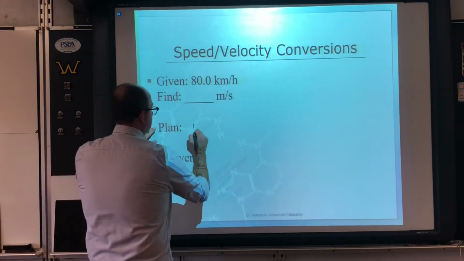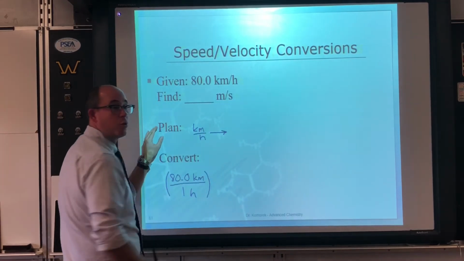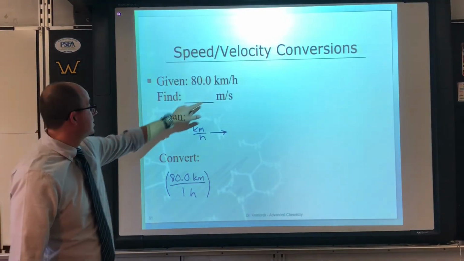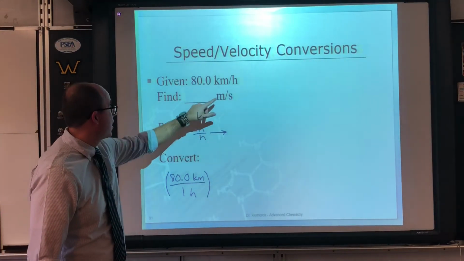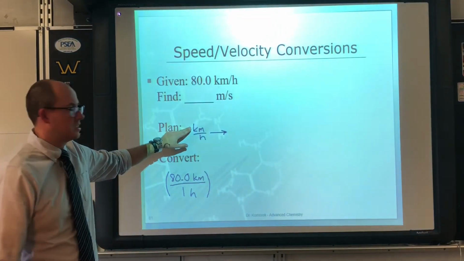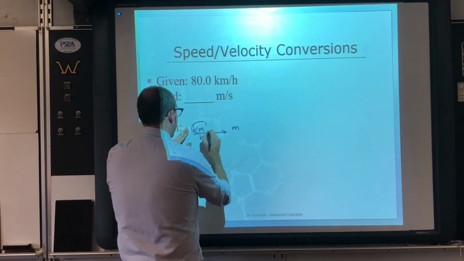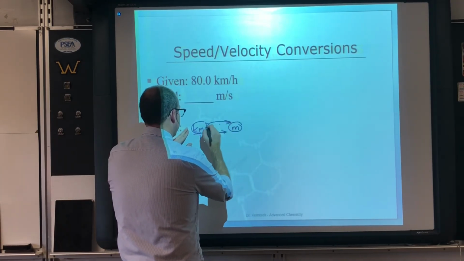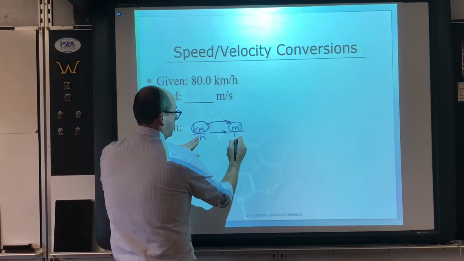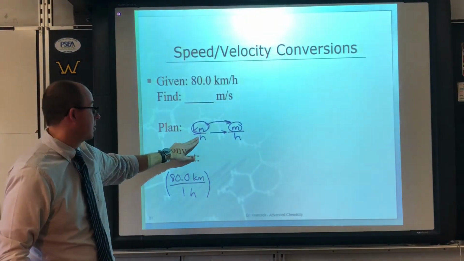Our plan is kilometers per hour, and you can only convert one thing at a time. So you have to decide, do you convert kilometers to meters first, or do you convert hours to seconds first? I use kilometers to meters only because it's a one-step conversion. So I'm going to change kilometers to meters. That's my one thing that's changing. I cannot change the bottom yet, so it still stays hours. And if I were to solve the problem here, I would be in meters per hour.